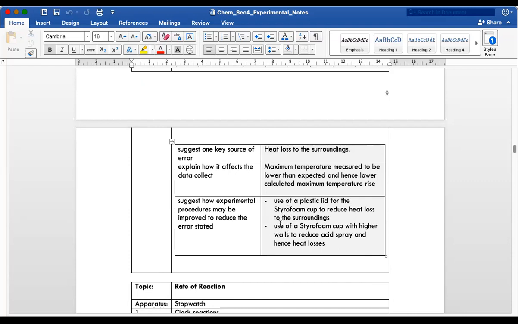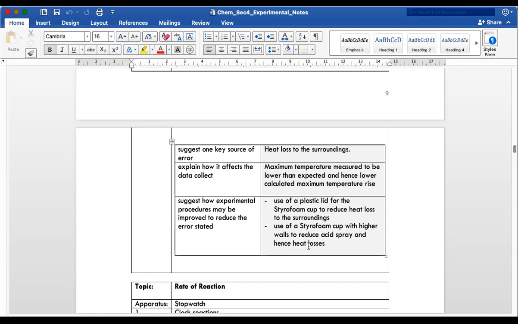And how experiment procedures can be improved to reduce the error, like using a plastic lid to reduce heat loss, or using a styrofoam cup with higher walls to reduce acid spray and hence minimize heat loss. Okay, in part 2 of my experiment planning later, I will show you examples of prelim questions where the examiner doesn't want students to talk about heat loss.